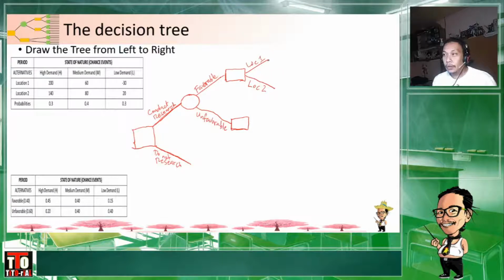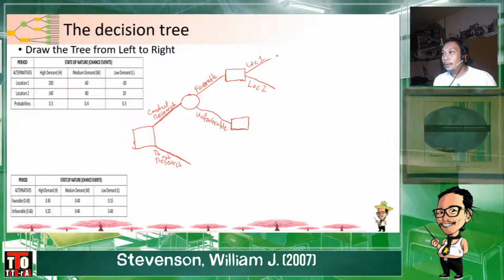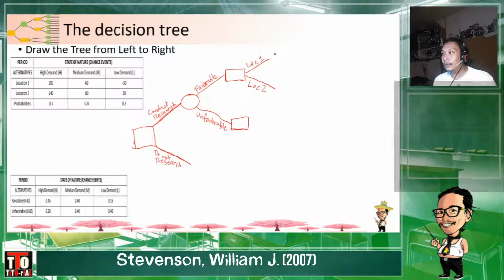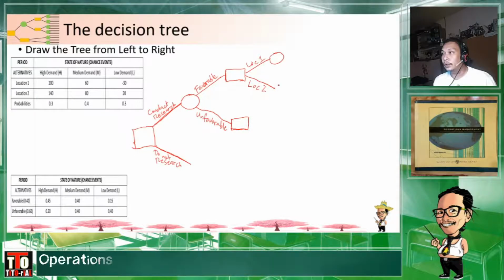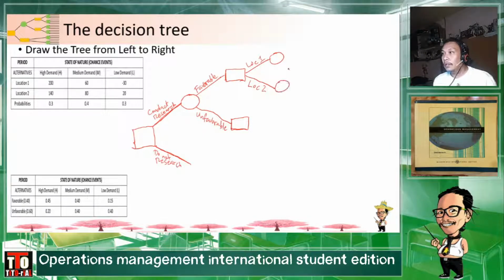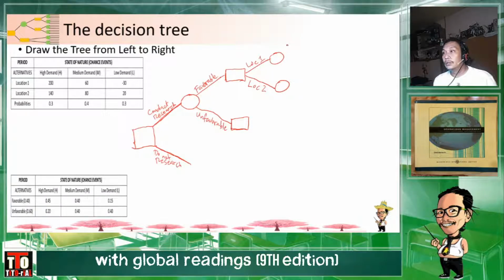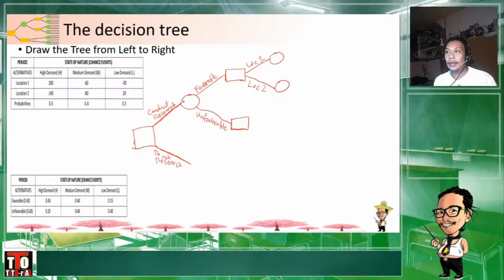So, may location 1 tayo, tapos may location 2. Now, magkakaroon ulit din tayo ng state of nature node dito. Now, again guys, si state of the nature node is ano ang possible scenario. So dito, katulad dito sa una nating state of nature node, ano ba ang possible scenario pag nag-conduct ka ng research?